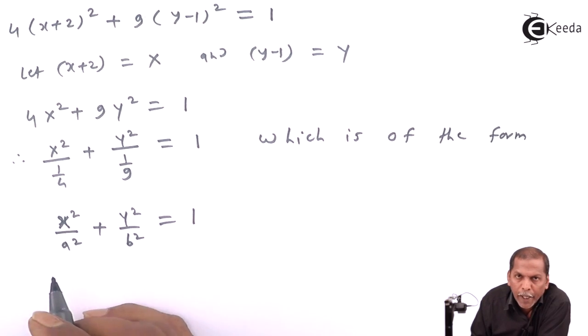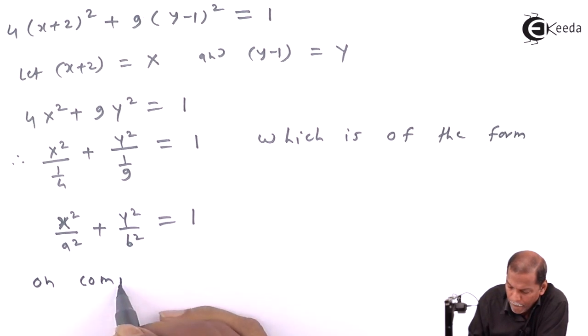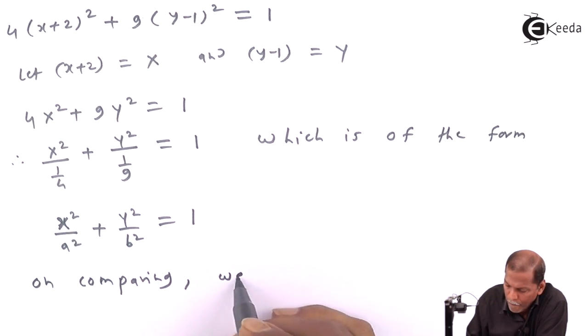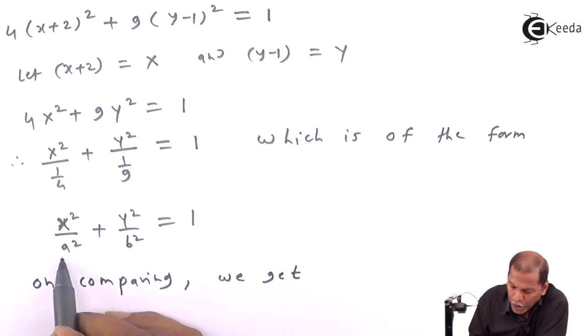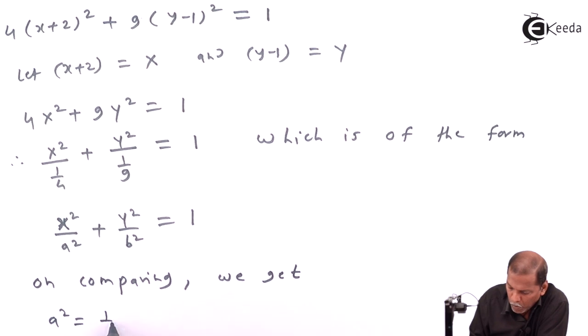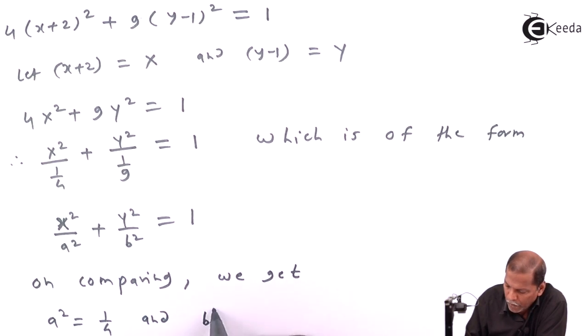So on comparing we get a square is equal to 1 by 4 and b square equal to 1 by 9.